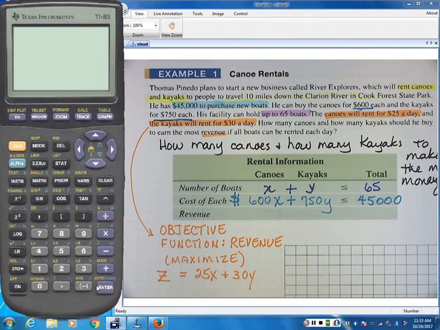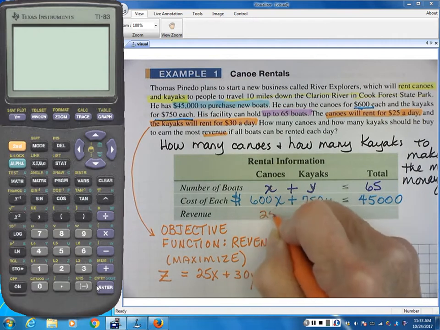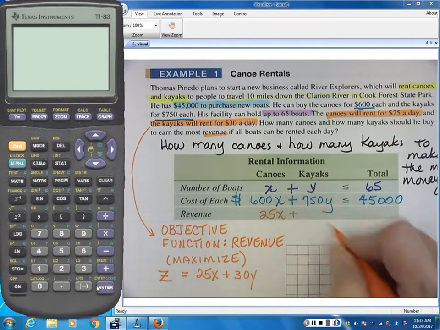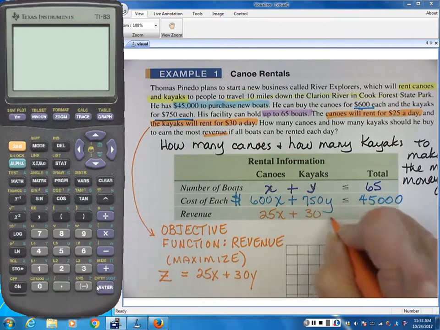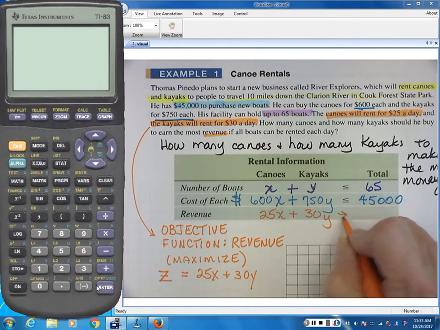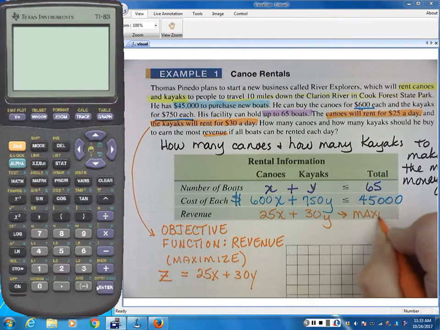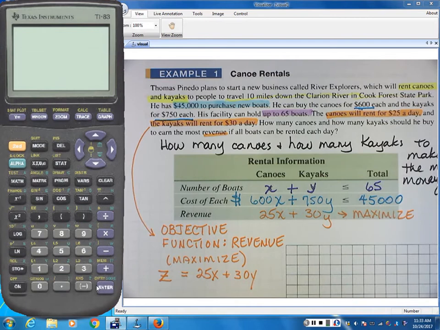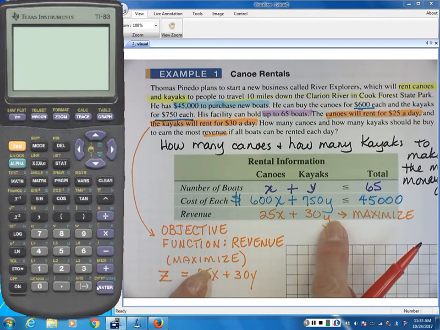So we're now ready to talk about constraints. We've written that down, and we don't do anything else with this until the end.